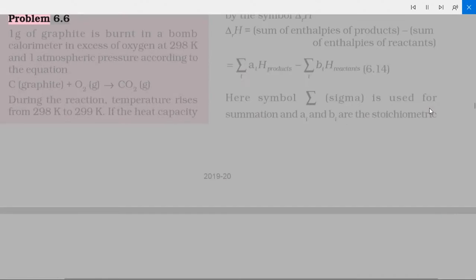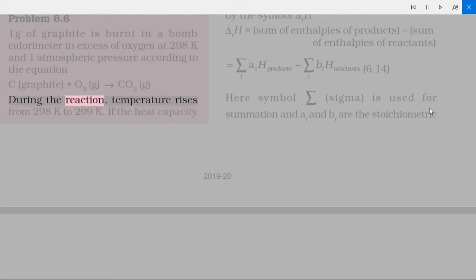Problem 6.6: 1 g of graphite is burned in a bomb calorimeter in excess of oxygen at 298 K and 1 atmospheric pressure according to the equation C(graphite) + O2(g) → CO2(g).